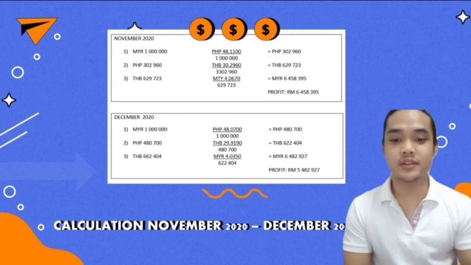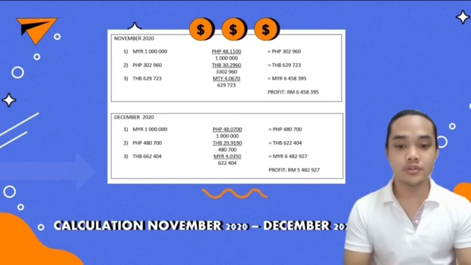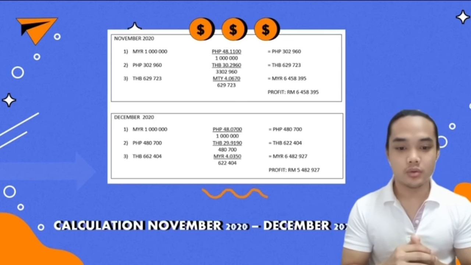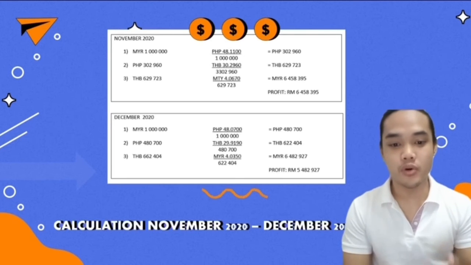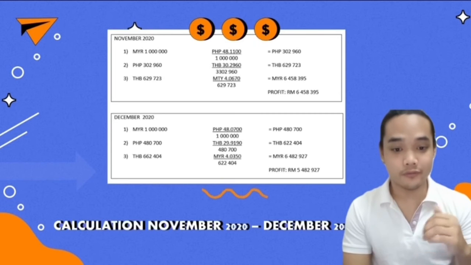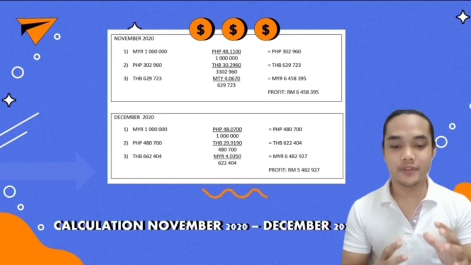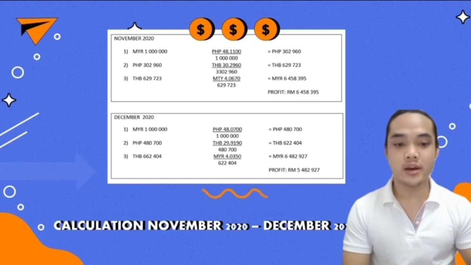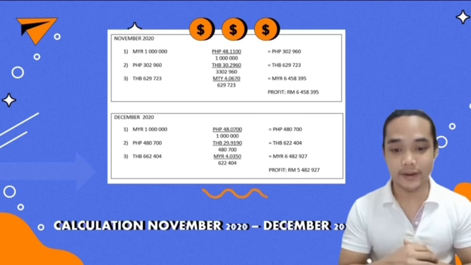If we started with November 2020, those 1 million that were given to us, we decided to buy a Philippine pesos with the price 48.1100. So after we buy the Philippine pesos, we have 3,002 Philippine pesos in our hand.